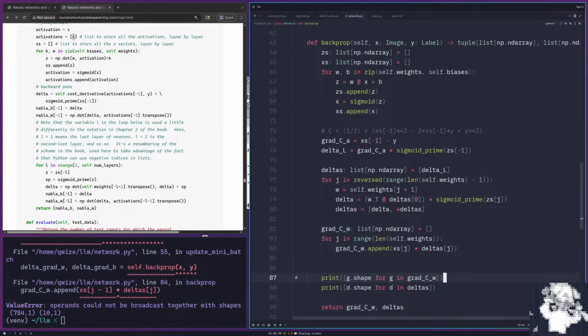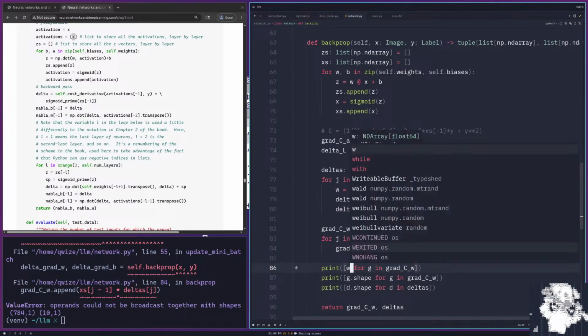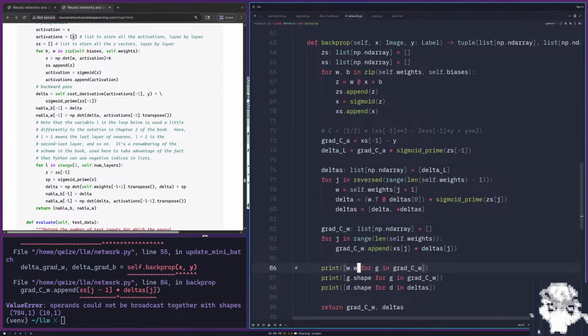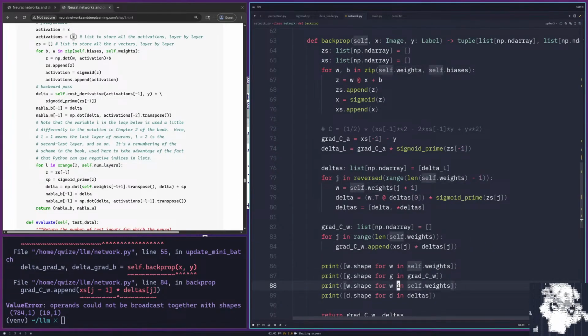Also print w.shape for w in self.weights, and b for b in sizes.